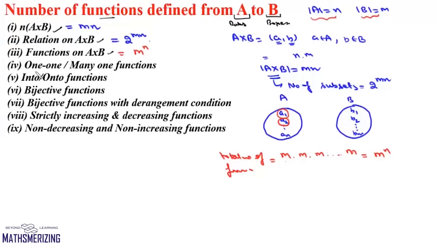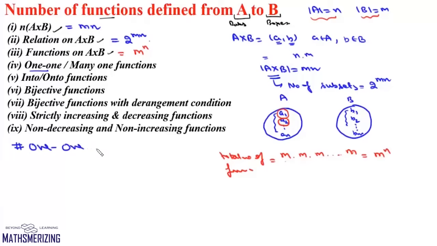Now we need to find the number of one-one functions. Now a function will be one-one if for one x there is one y and for one y there is only one x. So that means for these n elements we have to choose n elements in B which are going to be mapped uniquely to each of these elements A1, A2 and An.